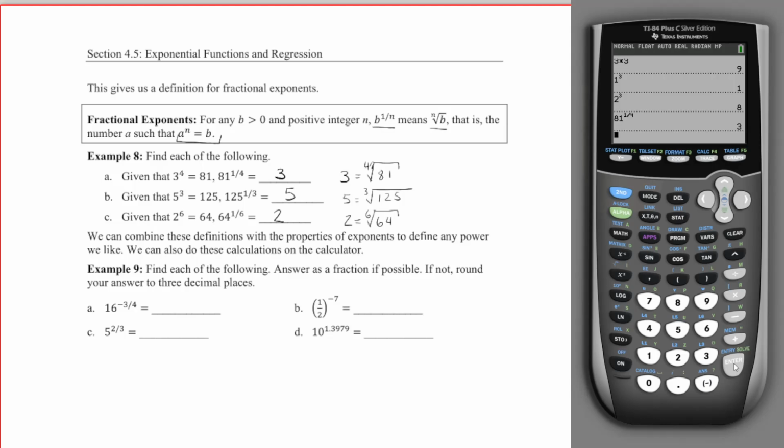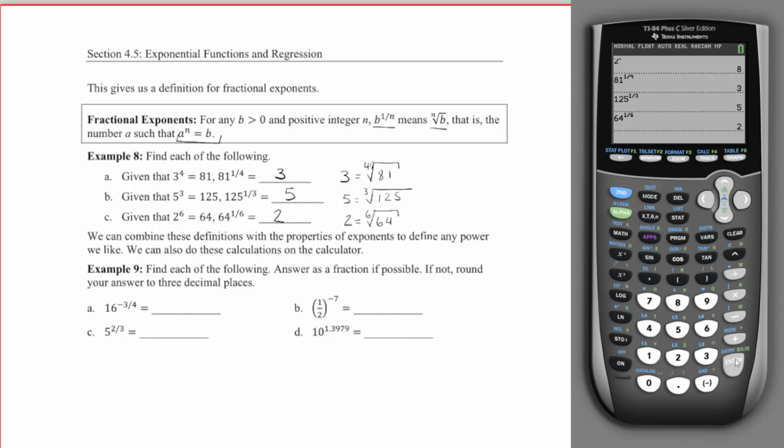If you're not getting 3 when you enter 81 to the 1/4 power, make sure you put the 1/4 in parentheses. 125 to the 1/3 power, we get 5. Oh no, I'm sorry, 64 to the 1/6 power. We do in fact get 2.